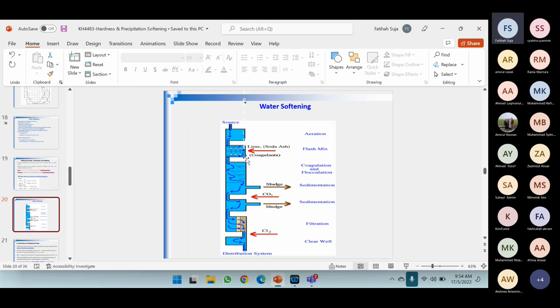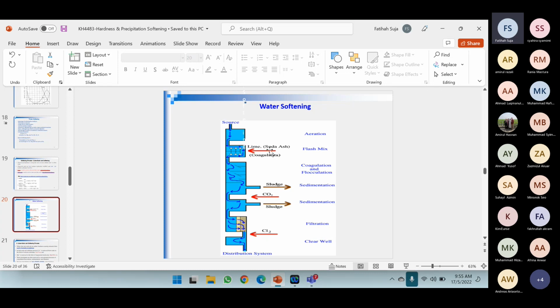Okay, this is the water softening. Usually this is where you put your process. You have lime or soda ash or coagulants. You can put everything in here with flash mix. So if you have hardness in water and you also want to remove some clay, as you have learned about the coagulation, flocculation process, you can put everything together in one tank.